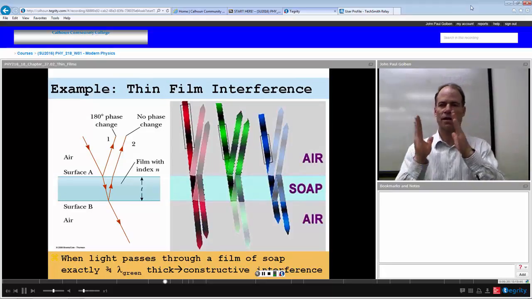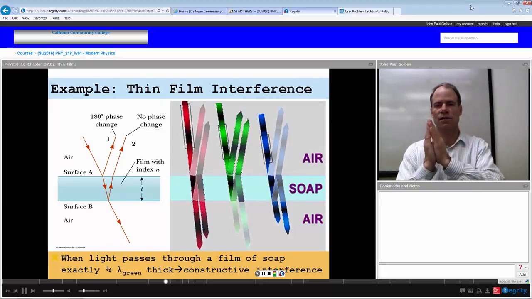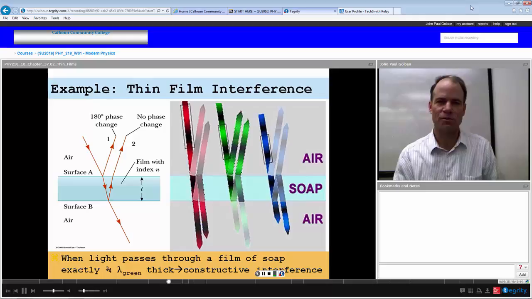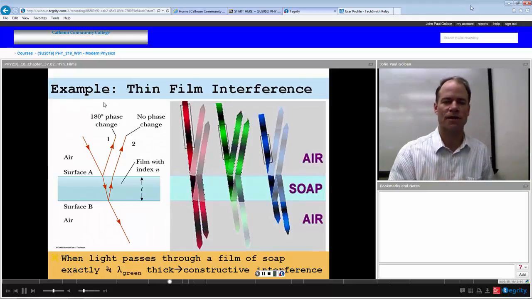So we'll get an exact constructive interference of multiple wavelengths when it comes back out. That means we're going to see a nice green reflection from that thickness of film.